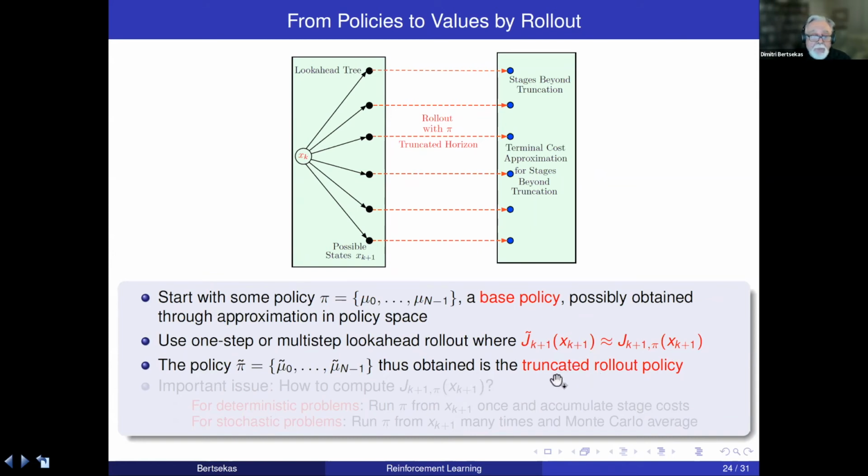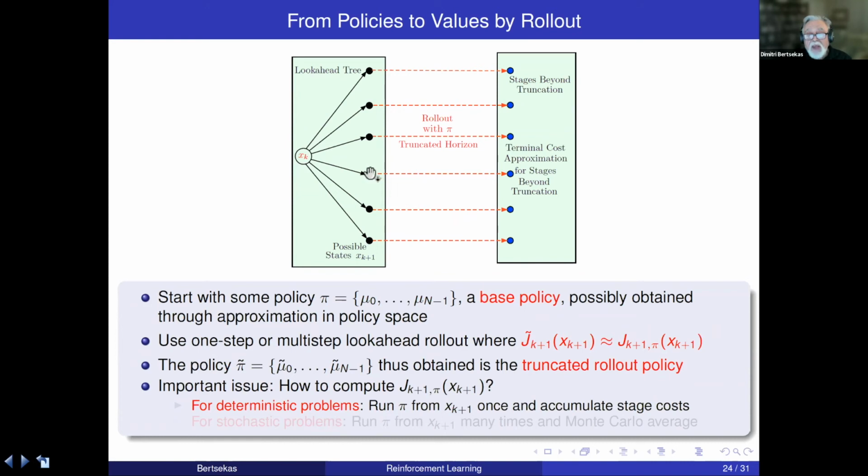And now, how do we represent this policy? We can't store it very easily if we want to use it in an online fashion. So how do we compute that? Well, for deterministic problems, we run pi from x_{k+1} to the end, and we accumulate stage cost.